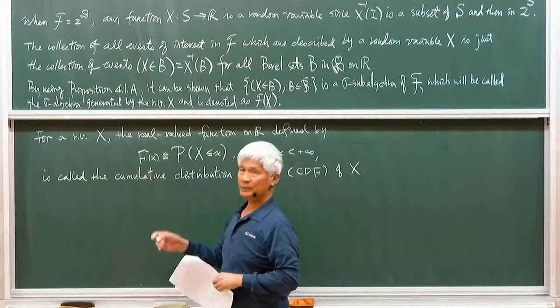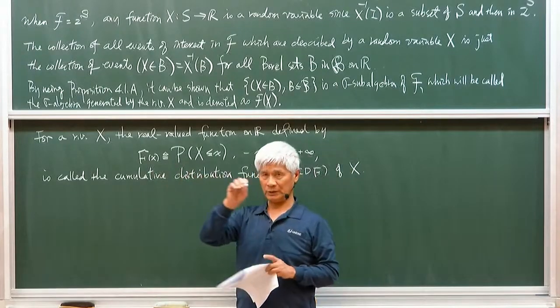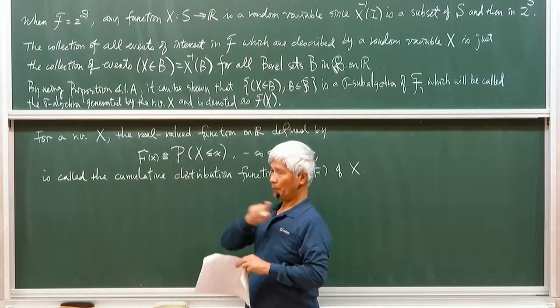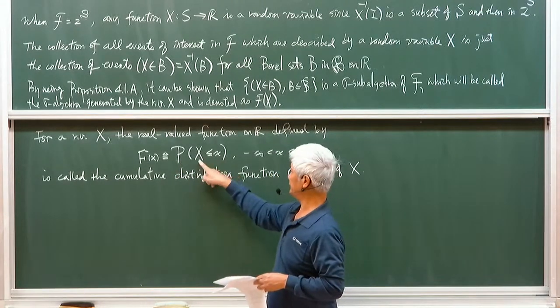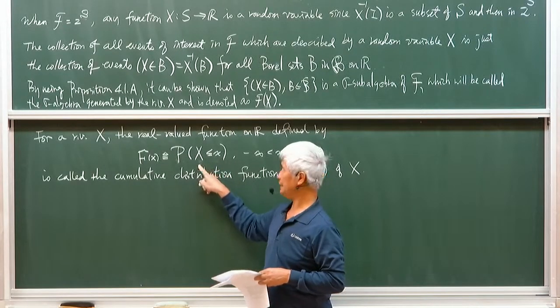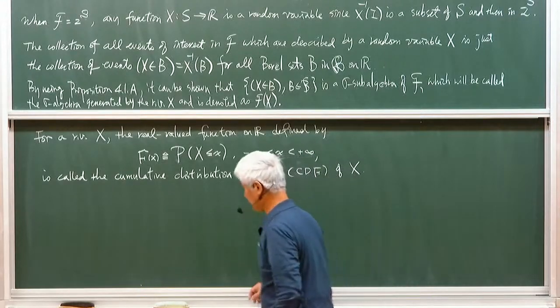So the cumulative distribution function of a random variable records probabilities of events like that.